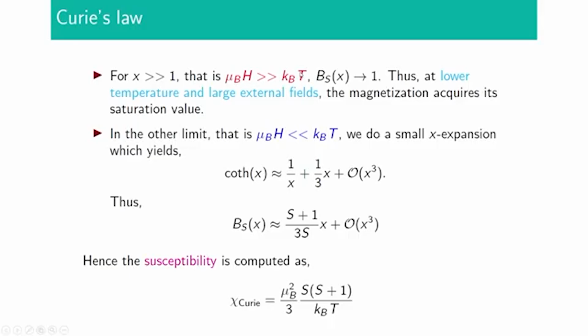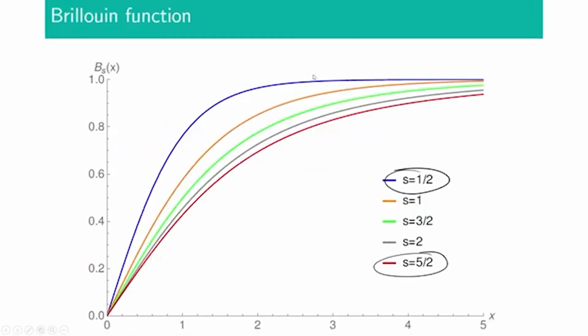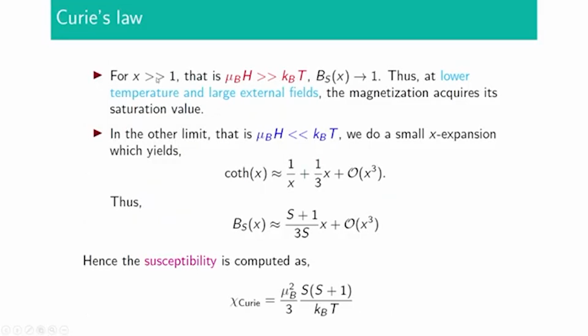So, at low temperature the magnetization approaches a saturation value, because this B_S, the Brillouin function, tends to 1, which is what you see here. That is the behavior for large x, and you get B_S equal to 1. So, the magnetization attains saturation.